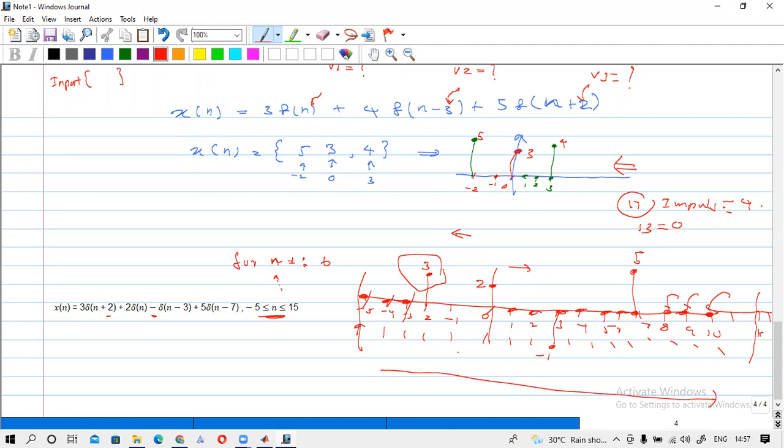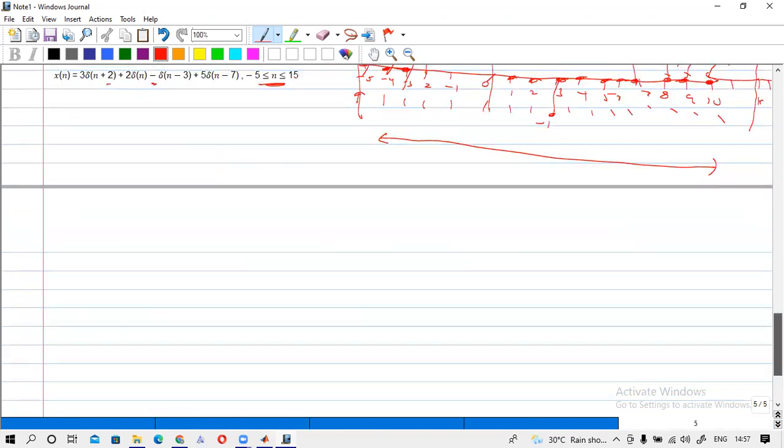But why is marking 0 important? If you are repeating this, please understand. Let's say I have an impulse train like this.